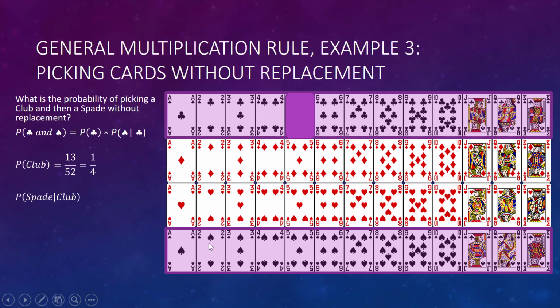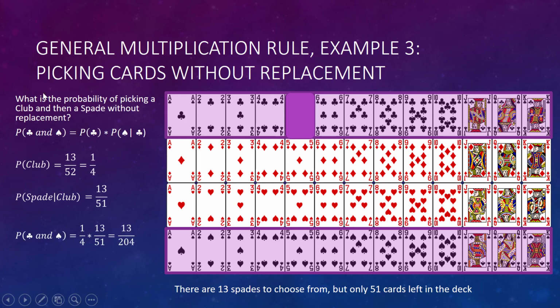So we have 13 spades, but how many total cards are left? There are 13 spades to choose from, but there are only 51 cards left in the deck. So the probability of picking a spade, given that one of the clubs has already been removed from the deck, is 13/51. 51 because we already removed one of the cards from the deck.